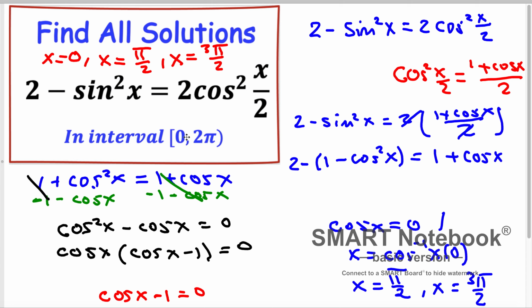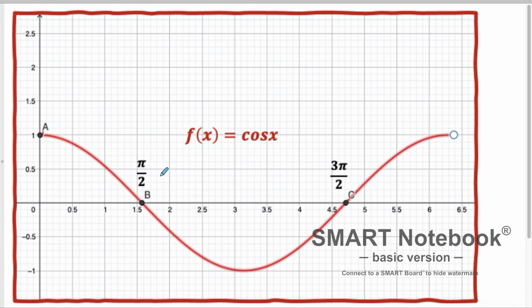And if we wanted to see, for example, how it looks graphically, in this form here, what we have. Let us say, for example, here is the point 0 and 1. And at point b, the other solution is going to be here, pi over 2 and 0.